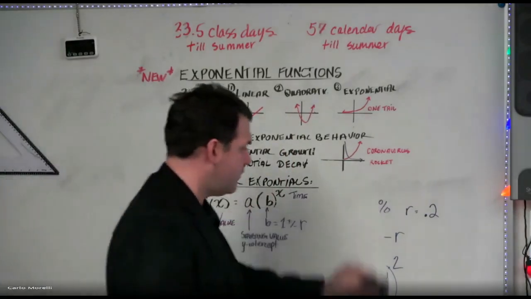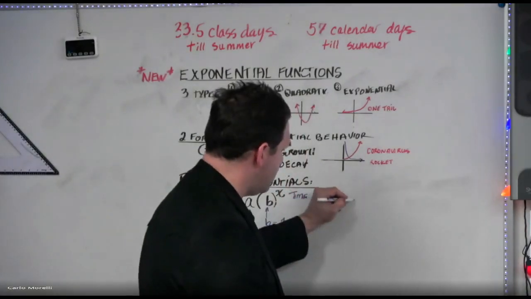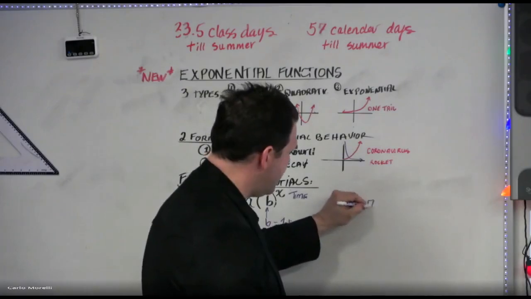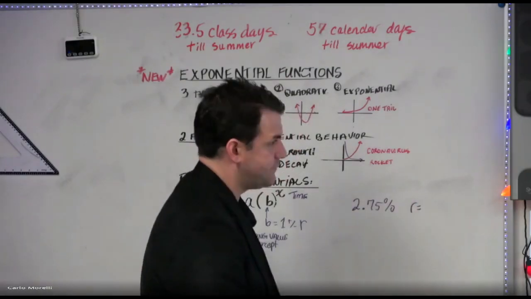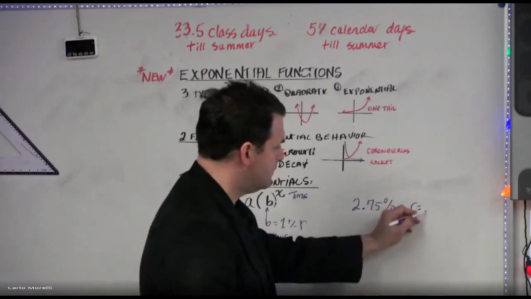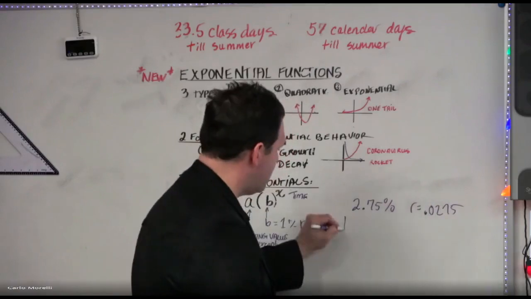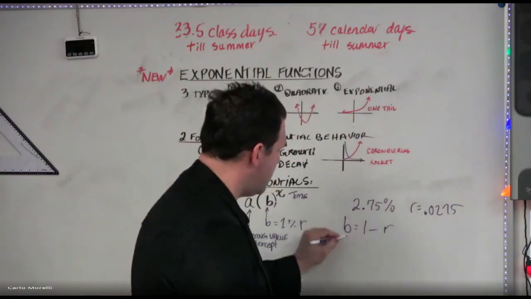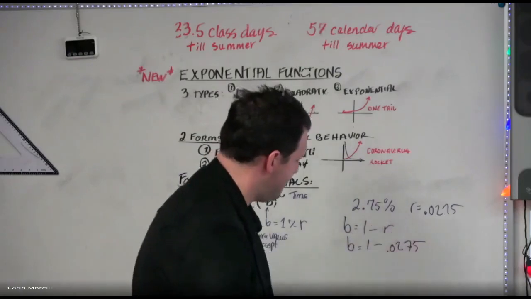Okay. Let's do one more on decay. So this time we are going to go down by 2.75% every year. So what's R? 0.0275. So remember, B is equal to 1 minus R. B is equal to 1 minus 0.0275. Can you do it on your calculator?